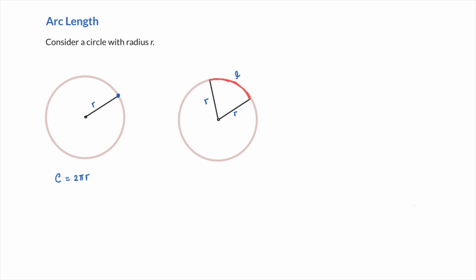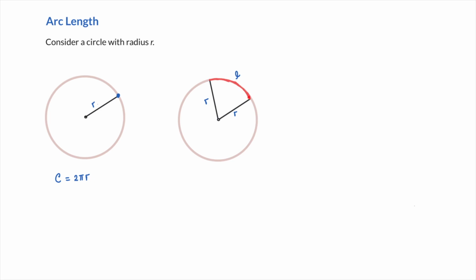Well, now I wouldn't be able to just use this formula because this formula right here is giving you the circumference of the entire circle. I only want this piece of the circle right here. So what we're going to do is slightly modify this formula in the following way.